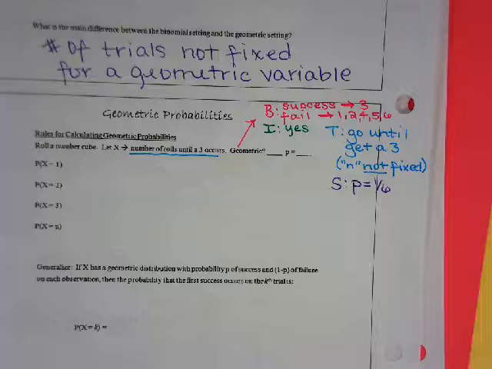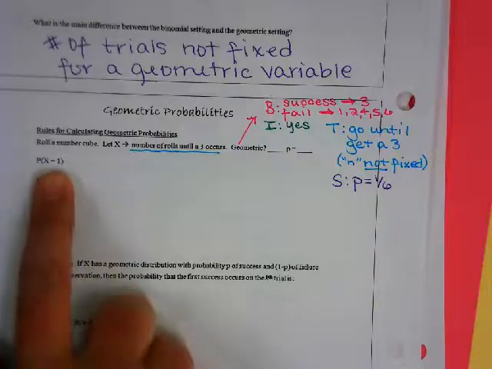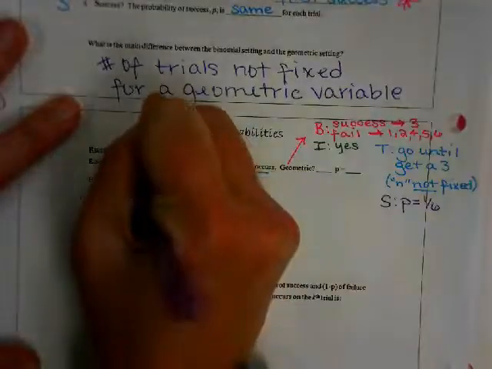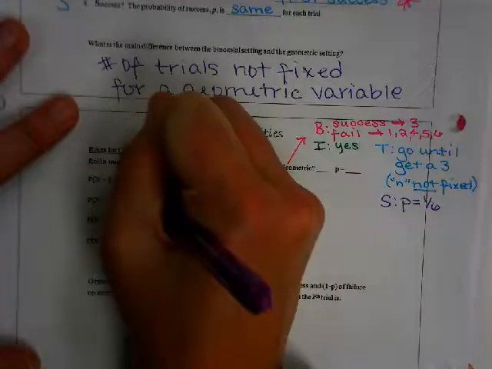So, probability X equals 1, that's finding the probability that I roll a 3 right away. So it only takes 1 roll to roll a 3. So in words, getting a success on the first roll.